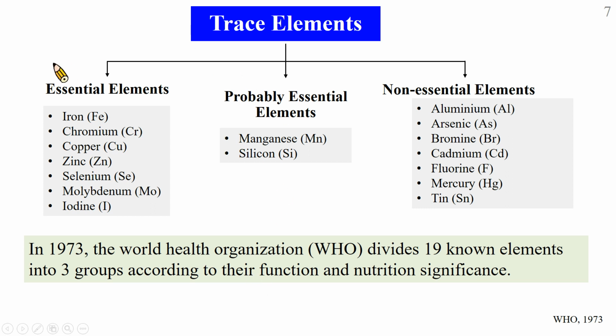That means we have the essential trace elements like iron, chromium, copper, zinc, selenium, molybdenum, and iodine. Also, there's a category of probably essential trace elements like manganese or silicon, and also non-essential trace elements like aluminum, arsenic, bromine, cadmium, fluorine, mercury, and tin. So we know some of them are so-called toxic heavy metals.